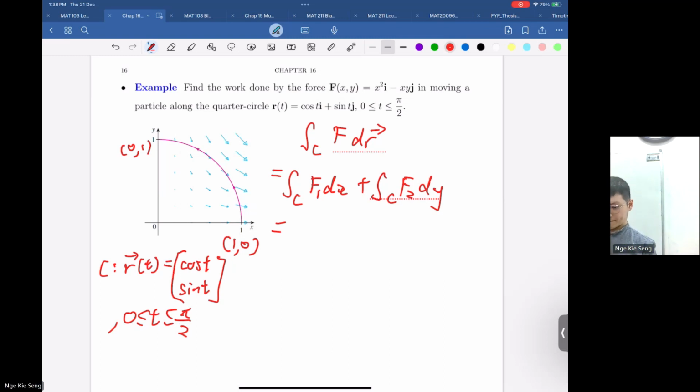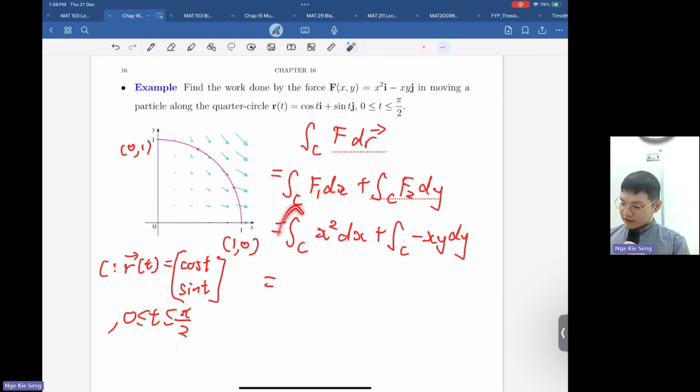So what is f1 here? f1 is x squared dx. What is f2? Minus xy dy. So this is a line integral with respect to x and with respect to y. Just now we have done this. How do we do this?